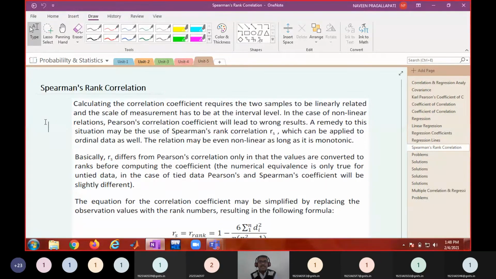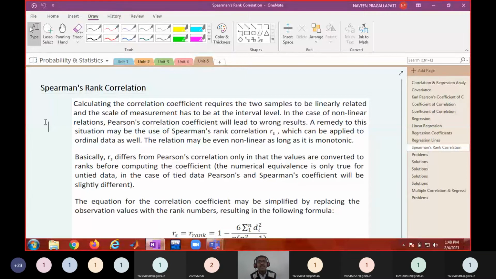It is also like any correlation coefficient, always between -1 and 1 only. If r equals 1, then there is a perfect judgment, and if r equals -1, exactly opposite judgment. In rank correlation we'll be finding the correlation coefficient only for two data sets, X data and Y data.